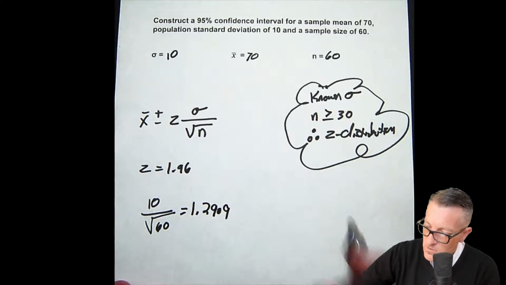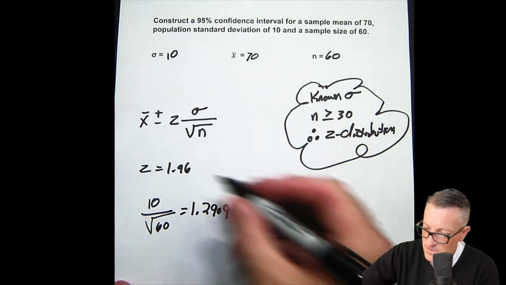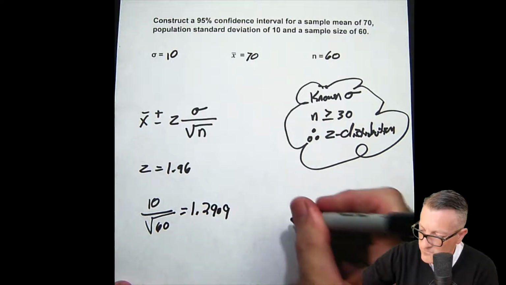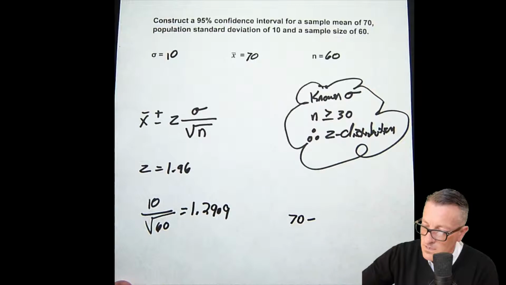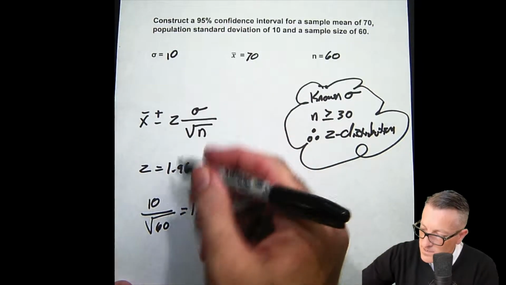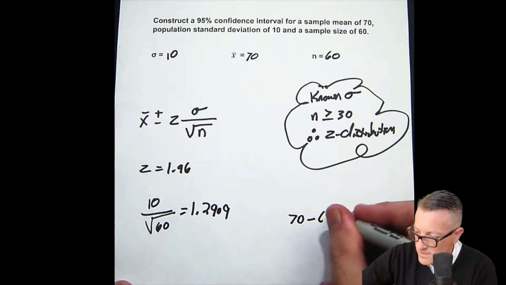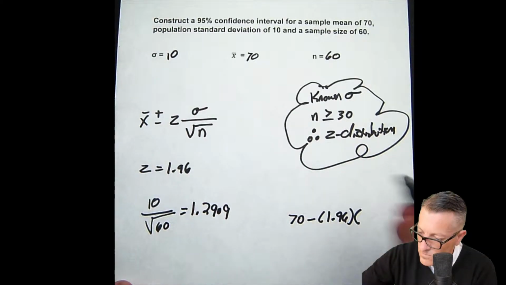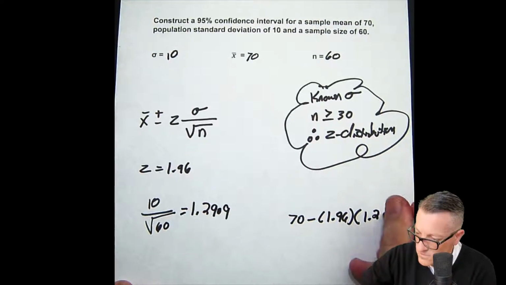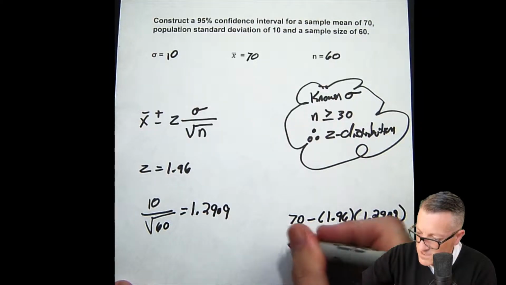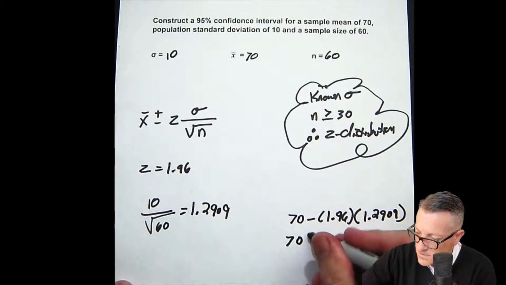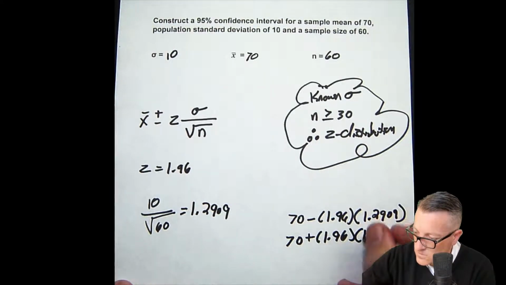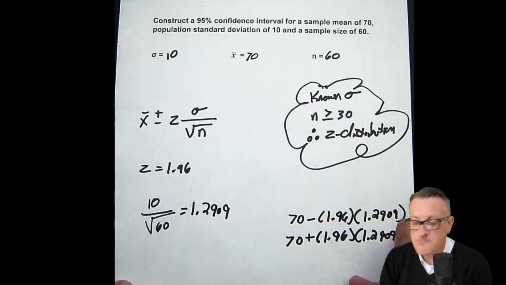I'll start off with the low side first. Our X bar is 70, so we have 70 minus 1.96 times 1.2909, and then 70 plus 1.96 times 1.2909.